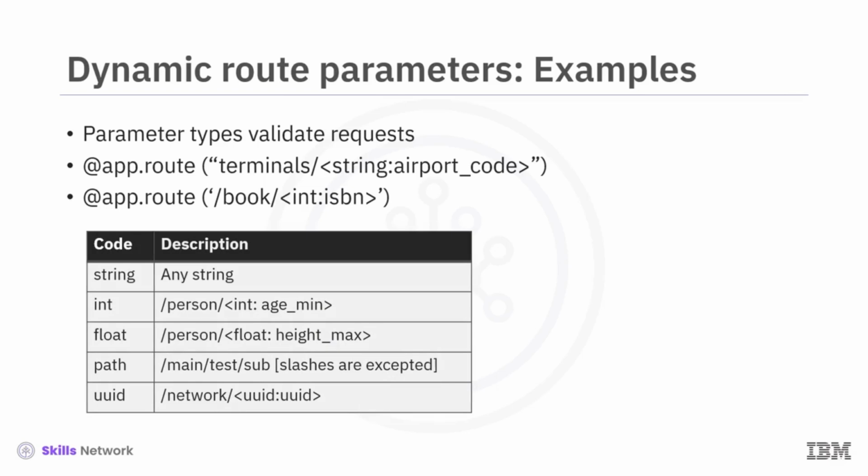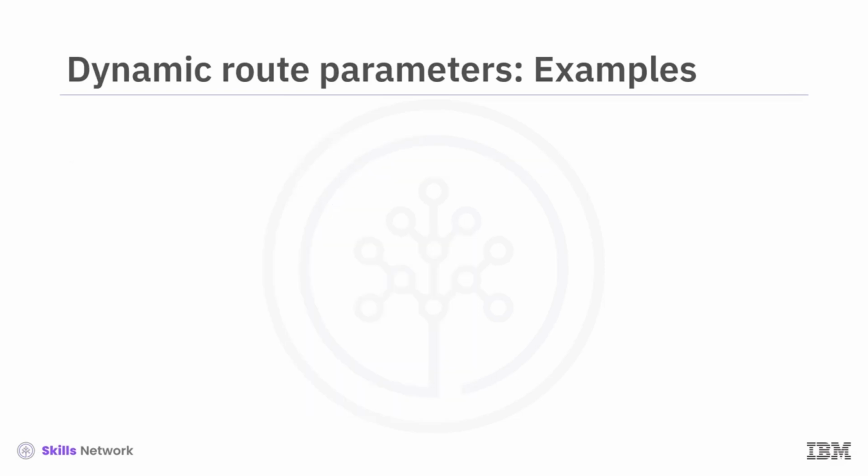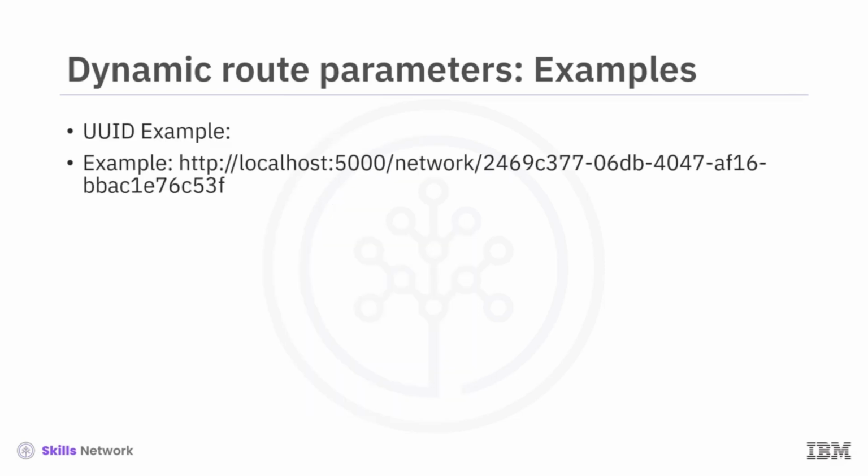While string, int, and float are simple parameters, you can also use complex ones like path to indicate a web path or a folder path, or Universal Unique Identifier, or UUID, to indicate a unique ID like Globally Unique Identifier, or GUID. Here is an example of UUID.